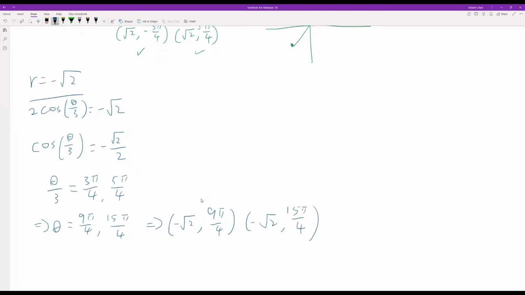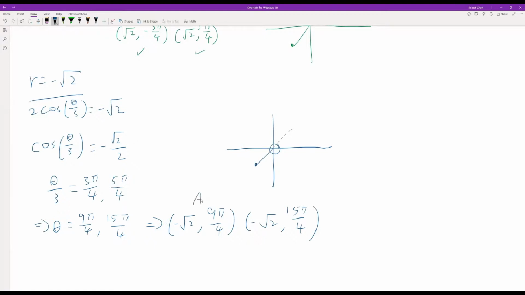Okay, and let's graph that. 9 pi over 4 is one full rotation and then pi over 4, but the radius is negative, so it's going to be on the other side, which will be right here.